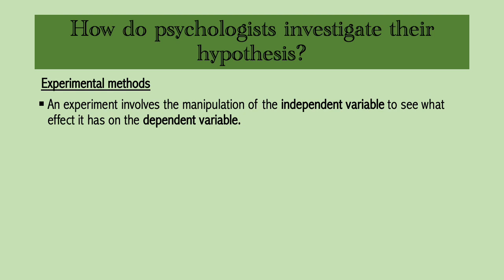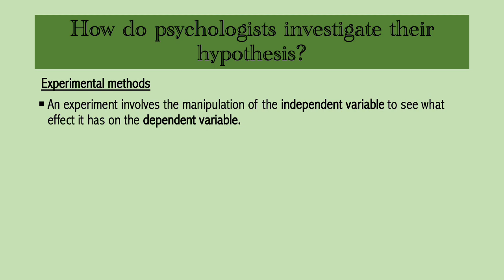Now from the word itself, it's an experiment. That's why it's experimental methods, okay? So it's an experiment that involves the manipulation of independent variables to see what effect it has on the dependent variable. Basically, experiment means that the researcher is manipulating the IV.